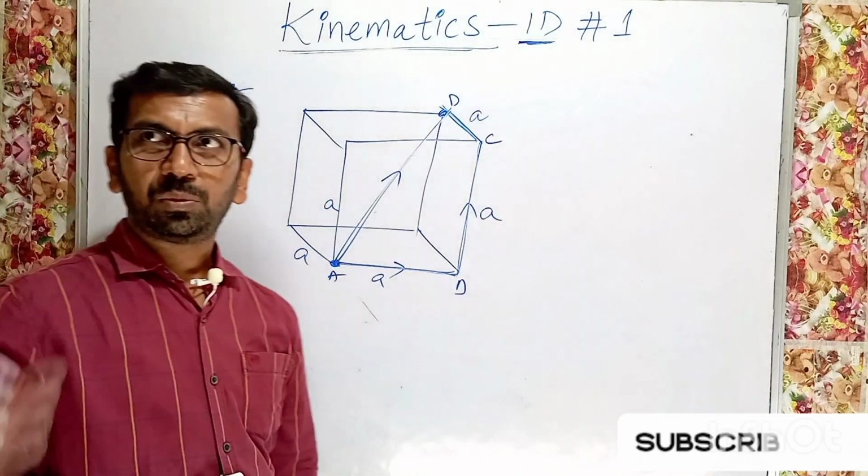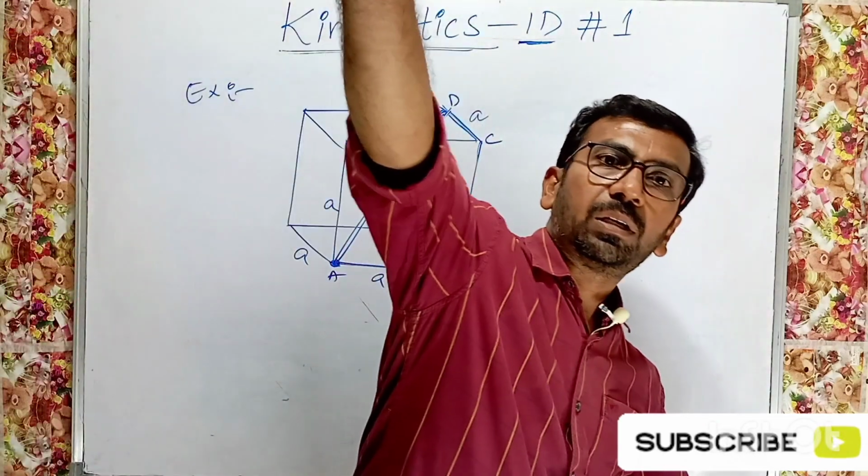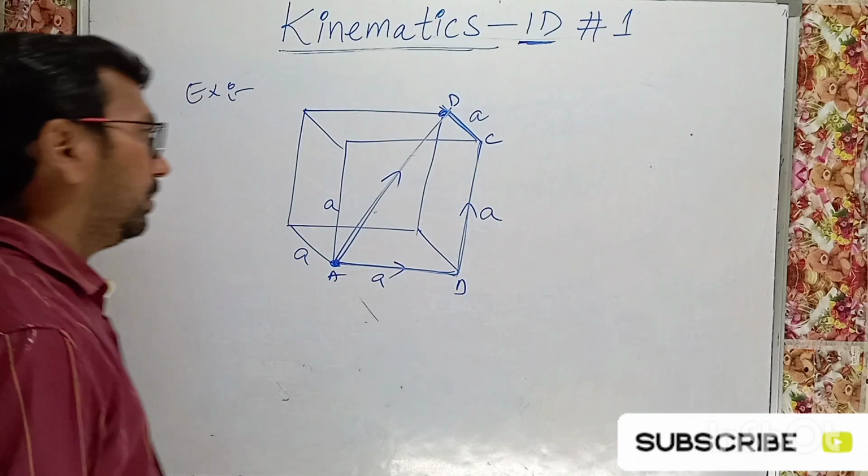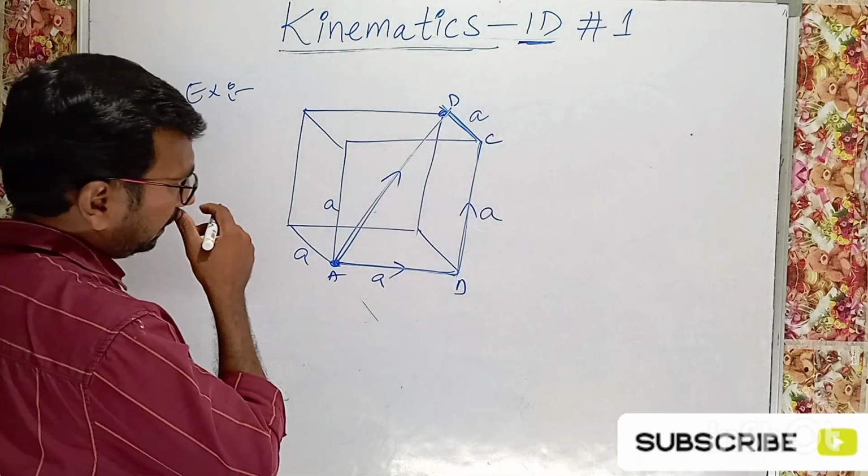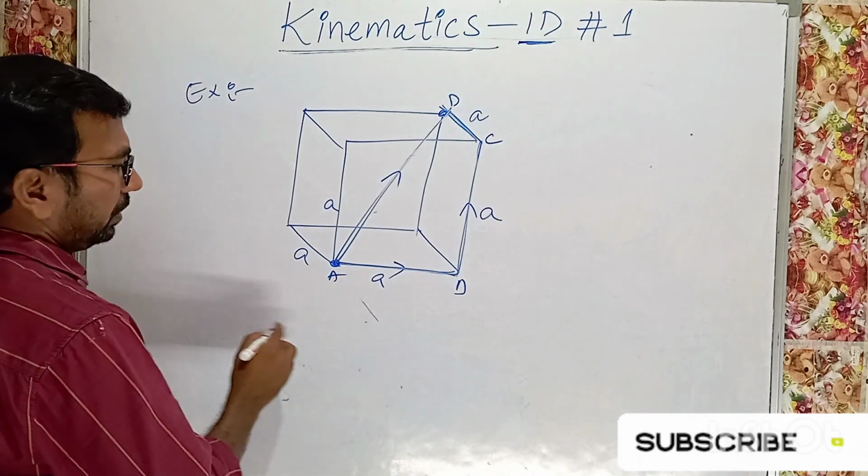Suppose you consider the room: this corner to that corner. That is our displacement. You can write this in vector form.